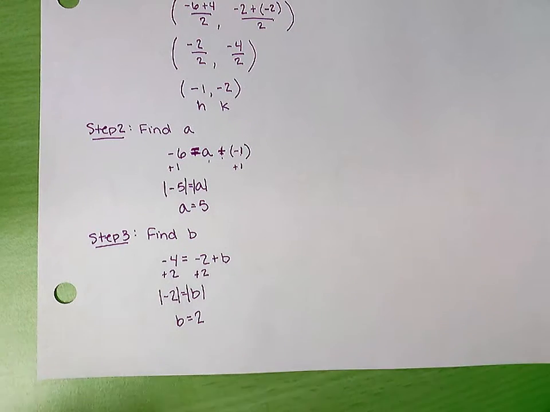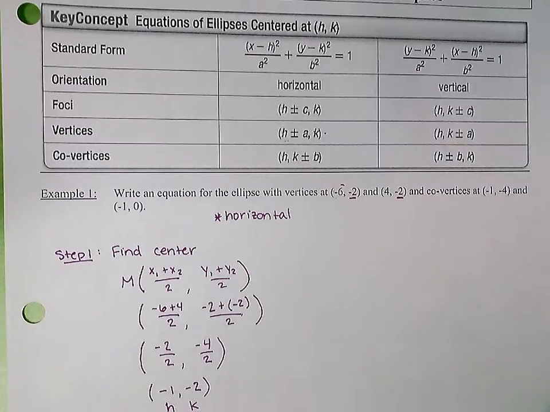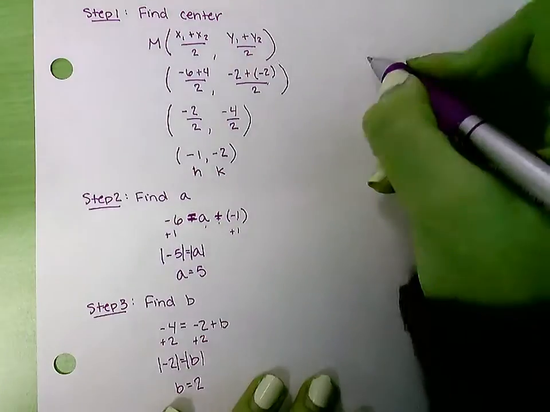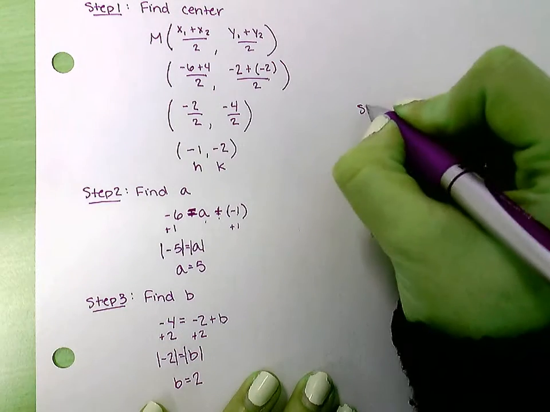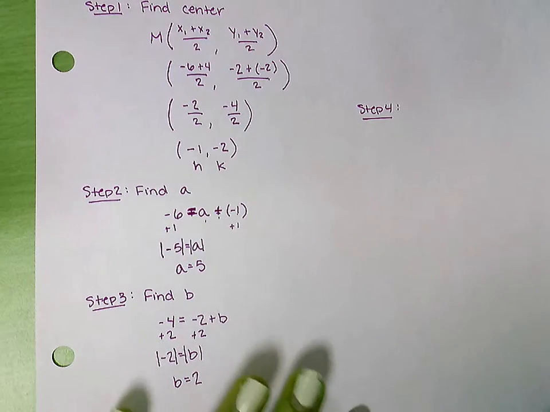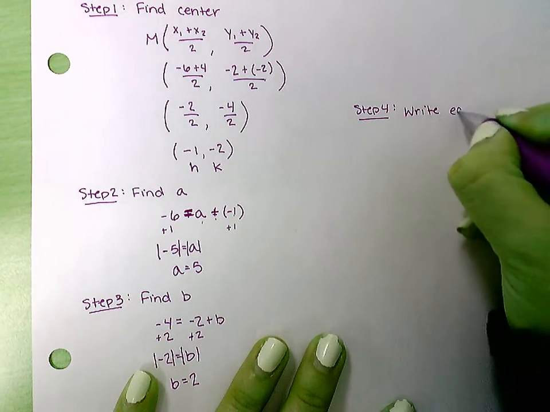So now that I have my center point h and k, I have a and I have b, I can plug all of that into standard form. So last step, step 4, is to write out that equation.